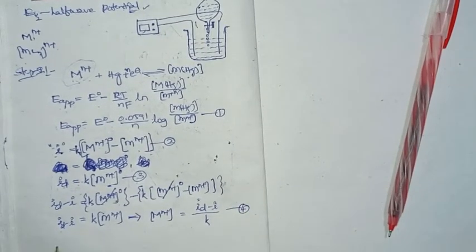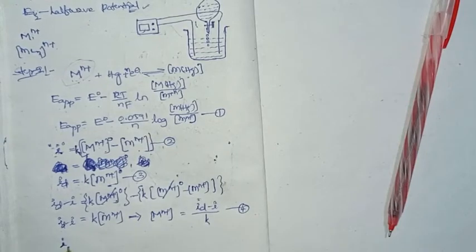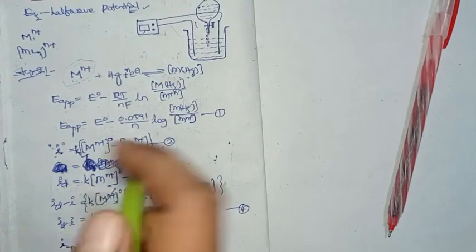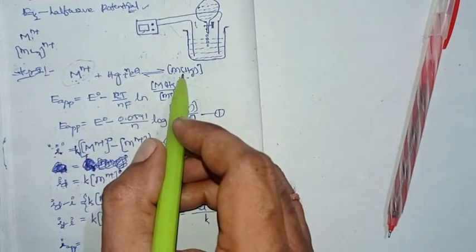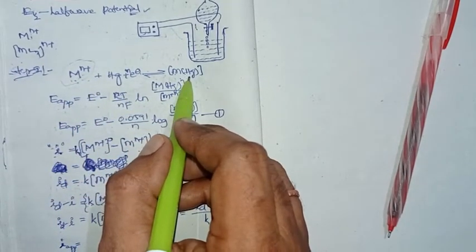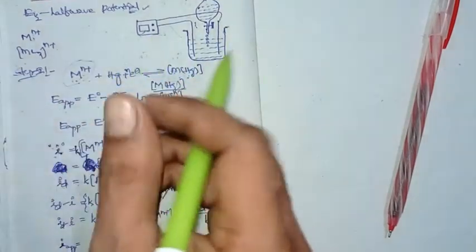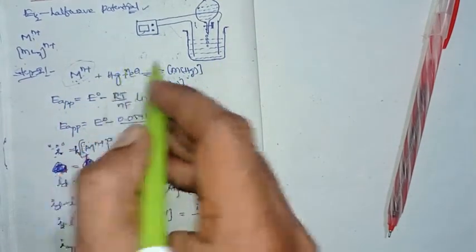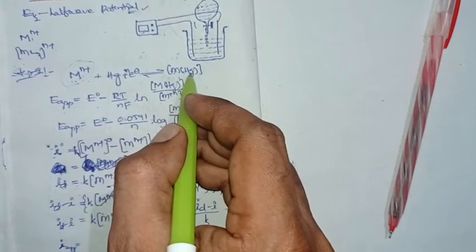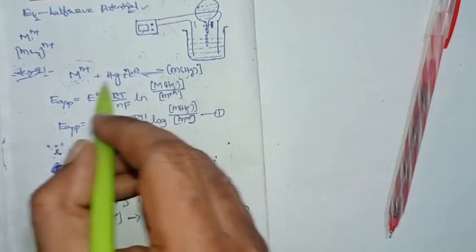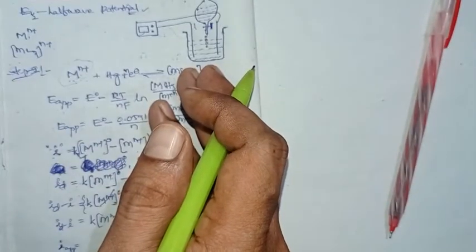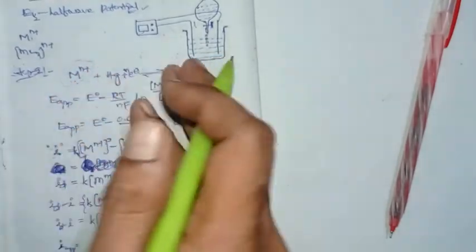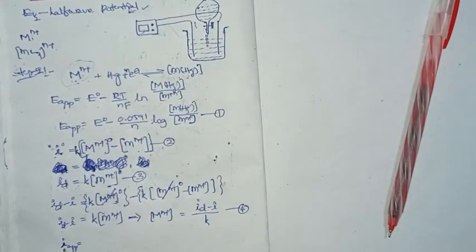And here one more thing we can observe. The applied current is not only related to the change in the metal ion concentration, it is also related to the concentration of the product, the amalgam. All the reduced metal ion forms the amalgam. How much is reduced is proportional to the applied current.